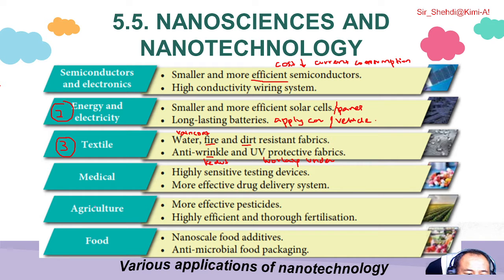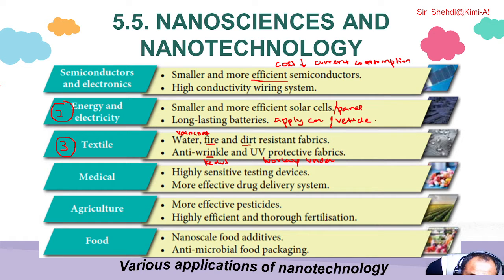Agriculture or agrotech: more effective pesticide. Pesticide is racun. So there is pesticide, herbicide and I'm not sure, I think 3 types of poison, pesticide. Then highly efficient and thorough fertilization.